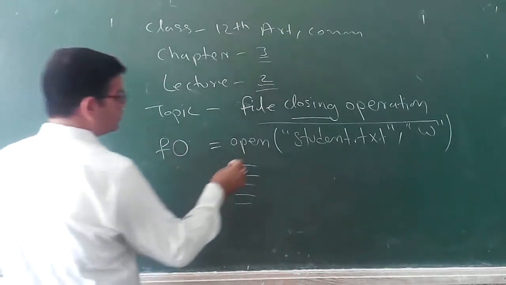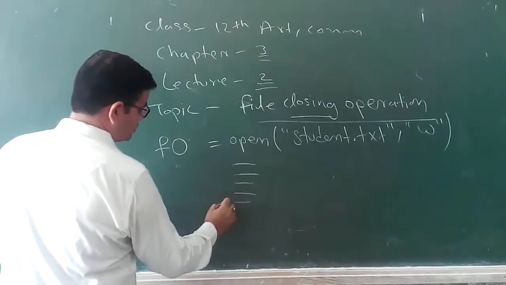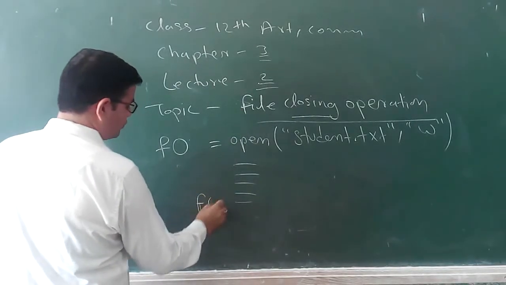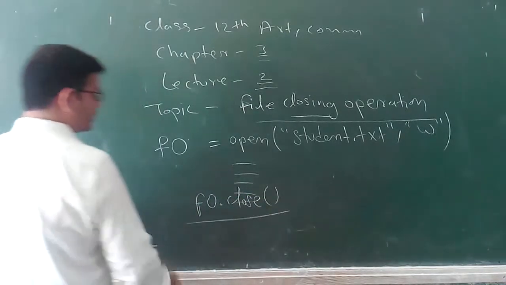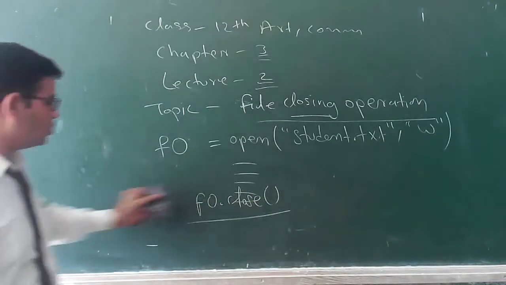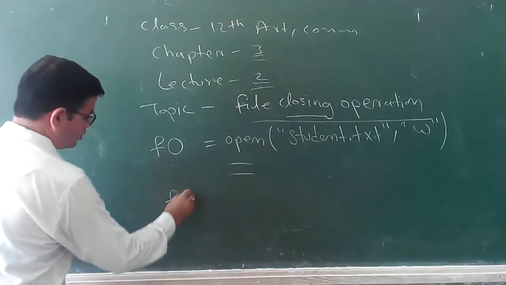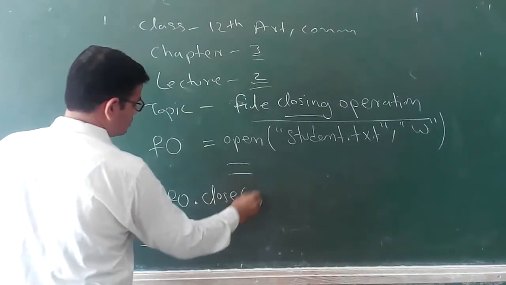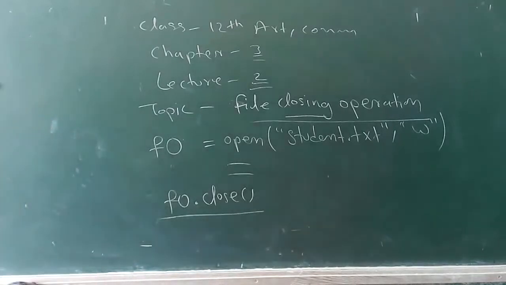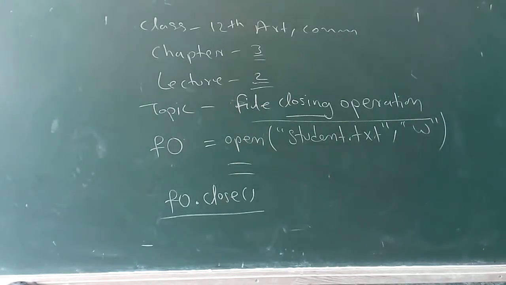So if you want to close your opened file, then fo.close function will be used. After completing your work, fo.close is the structure or function used to close your opened file.